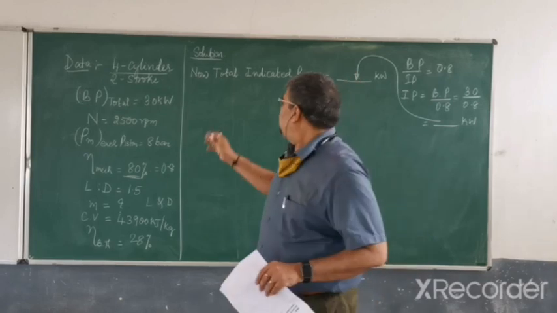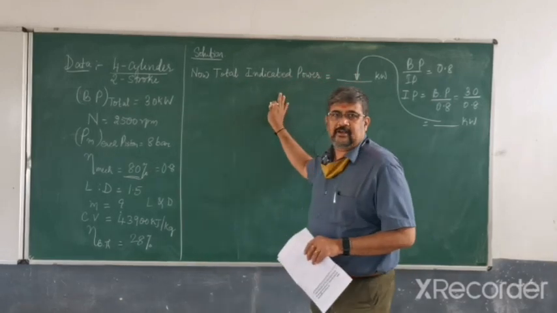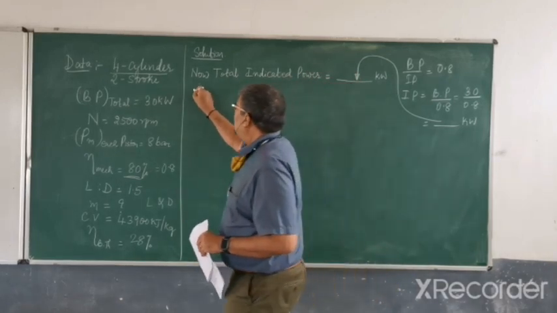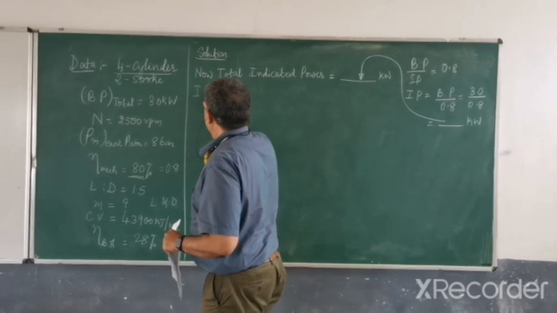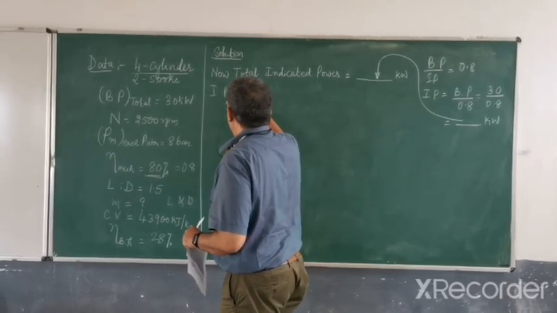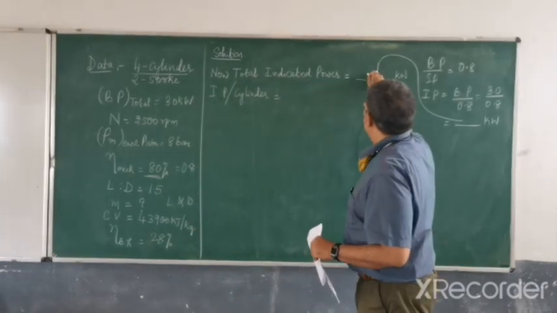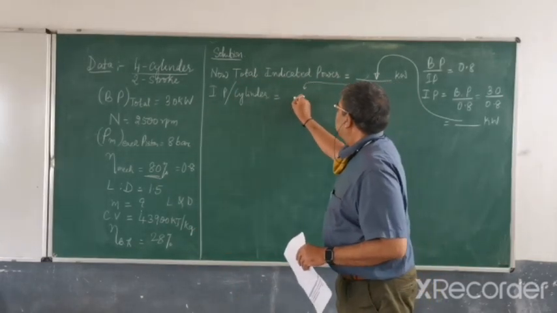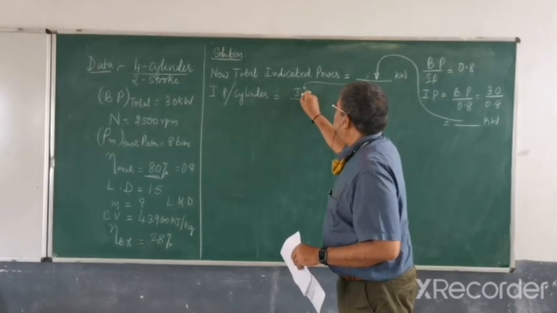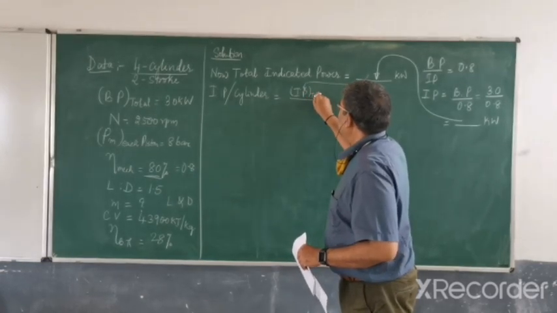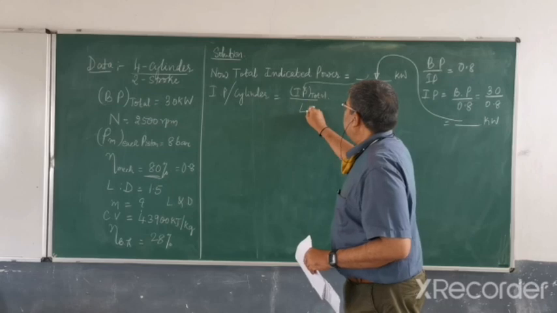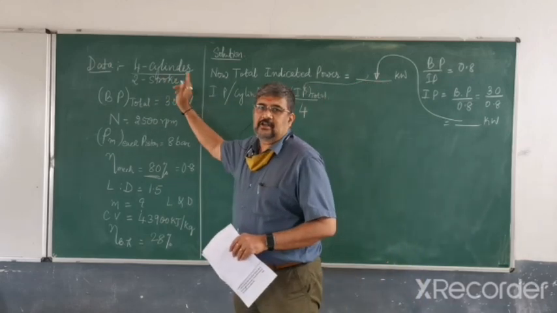Okay. So now what we have to do is, once we have found out the total indicated power, we will find out what is the indicated power per cylinder. So the indicated power per cylinder is this value. Okay, so that is, let's say I write it as IP total divided by 4, because it is a 4-cylinder engine.